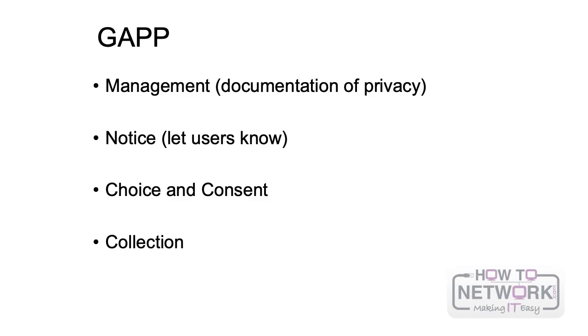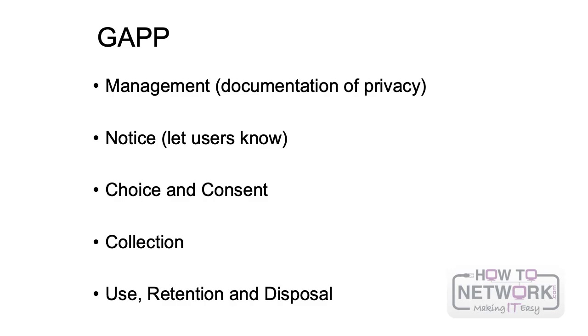Also, how they are collecting that data. So this is pretty much related to choice and consent. First, the user must be made aware of that before they can actually collect the data. They must also document the usage, retention, and disposal of that information.